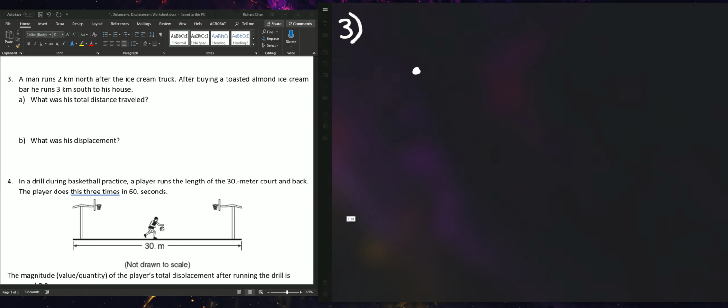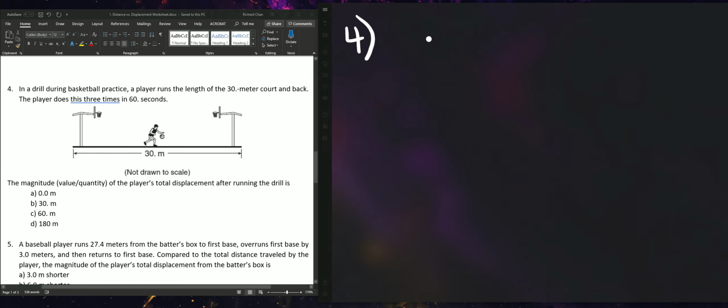Number 4. In the drill during basketball practice, a player runs the length of the 30-meter court 3 times, 30-meter court and back. So basically, if we were to draw this diagram, this would be my starting point.